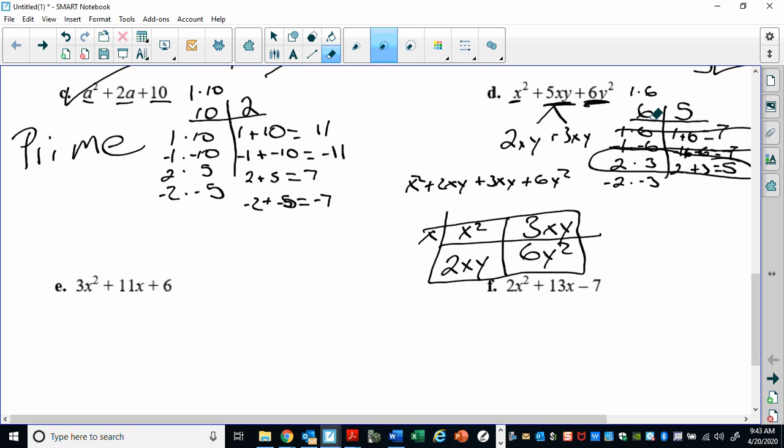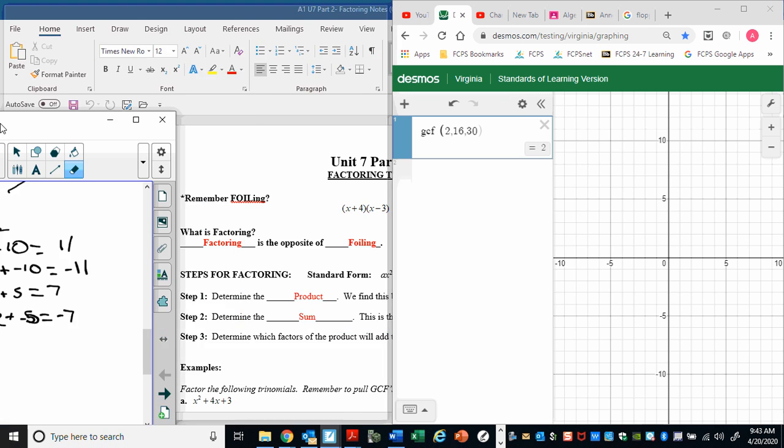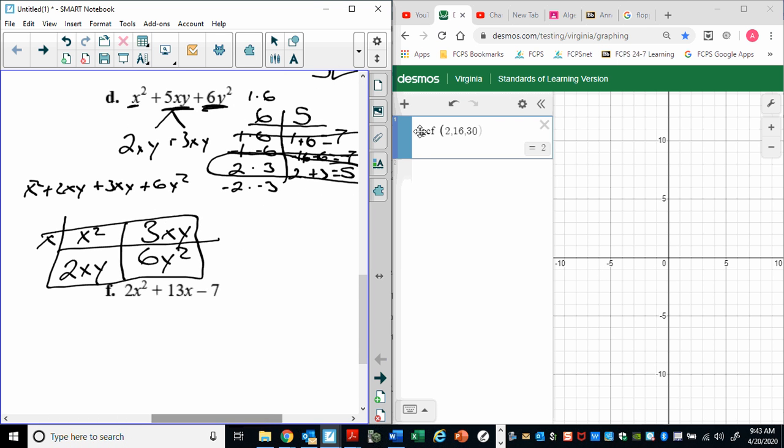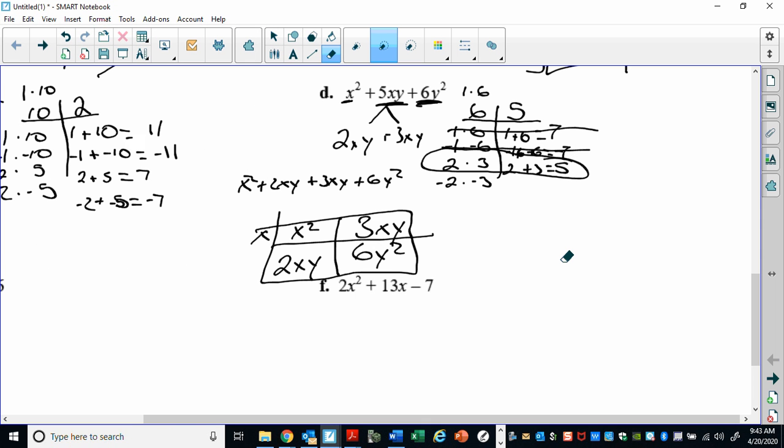Remember, if you're getting to the point where you cannot factor, or you just forget how to factor, or you just want to make sure you're not making any mistakes, always go to Desmos, type in GCF, and then 2, comma 6. Your answer would be 2. All right, so we can take out a 2, but we're not done.